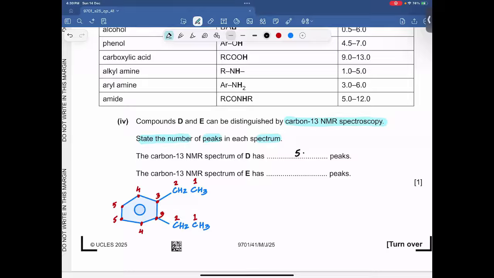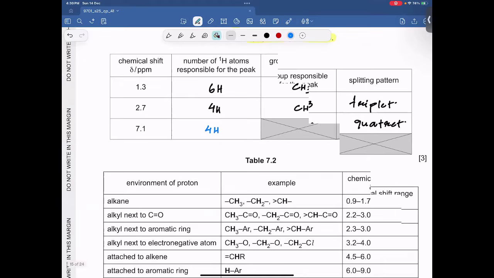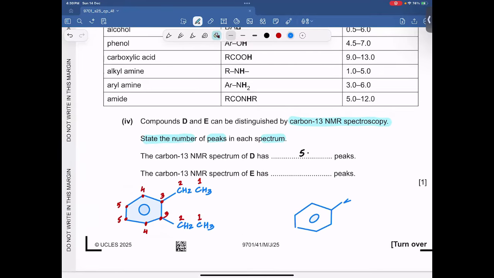Let me draw E. E is 1 and 3. So this is CH2 and then CH3, and this is CH2 and then CH3.